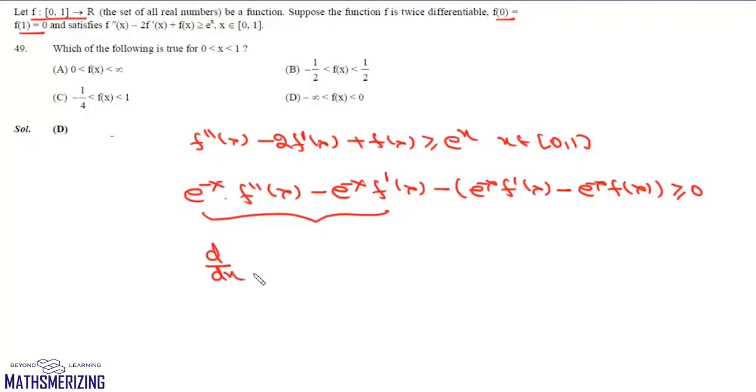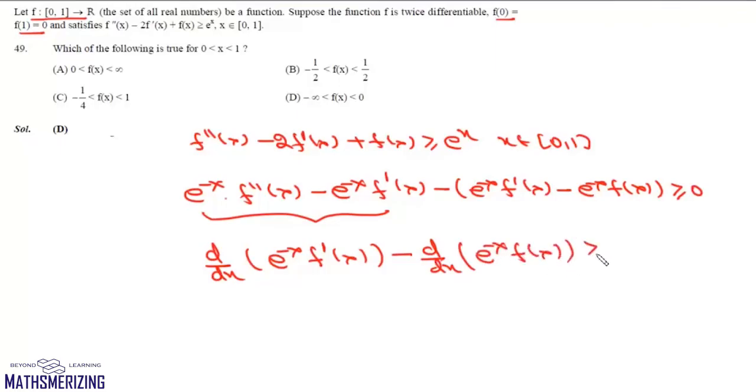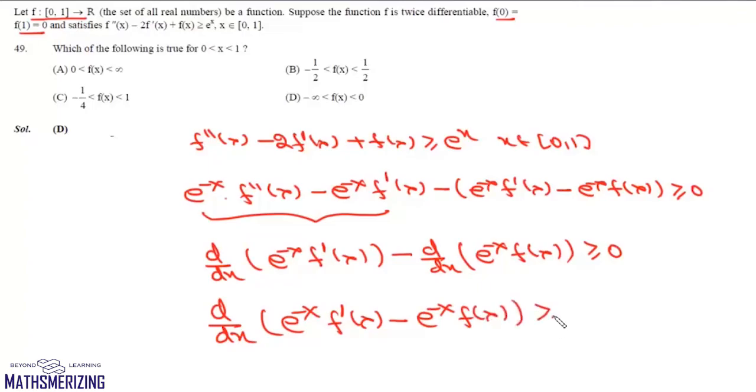This is d by dx of e to the power minus x into f dash x, and this is derivative of e to the power minus x into fx, and it is greater than or equal to 0. Now we can write this as d by dx of e to the power minus x into f dash x minus e to the power minus x into fx, and it is greater than or equal to 0. Now this again is derivative of e to the power minus x fx.